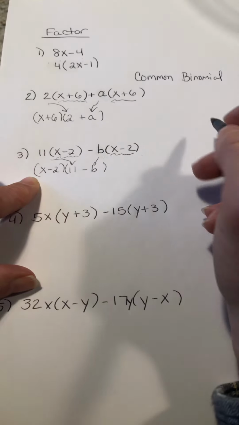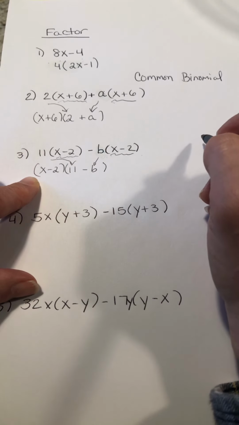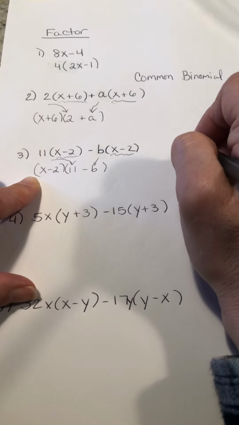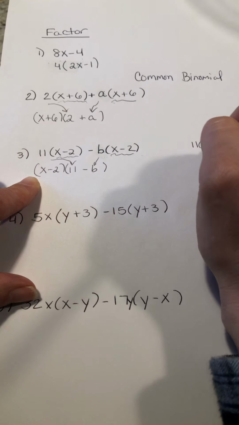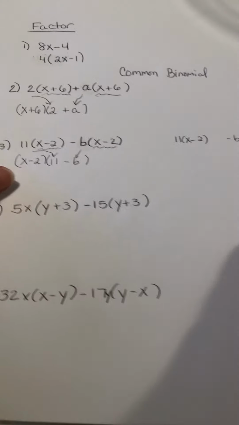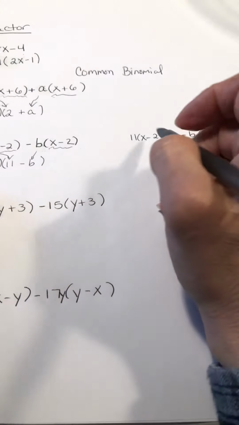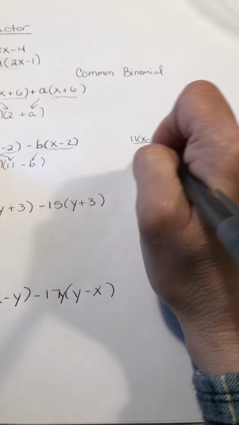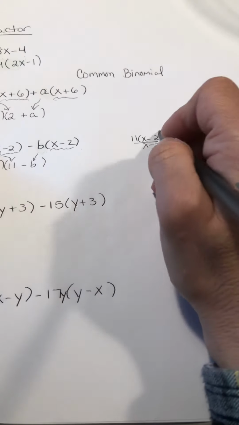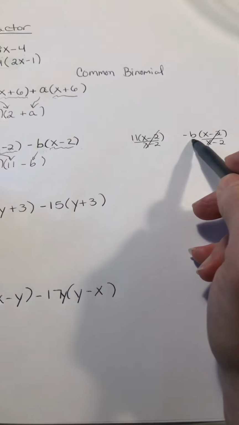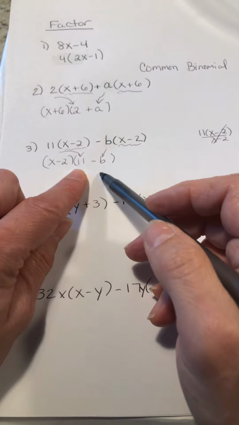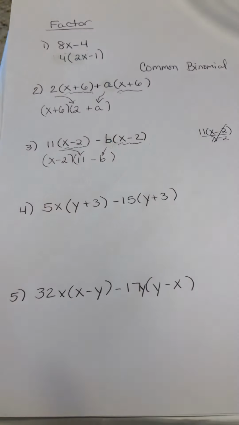Thinking about this a little differently, remember how before we were thinking about it as a division operation? If we took that 11 times x minus 2 and our negative b times x minus 2, and divided it by our common factor, which is x minus 2, we notice that those cancel out and we have our 11 minus b, which ends up right here in that set of parentheses, just like before.